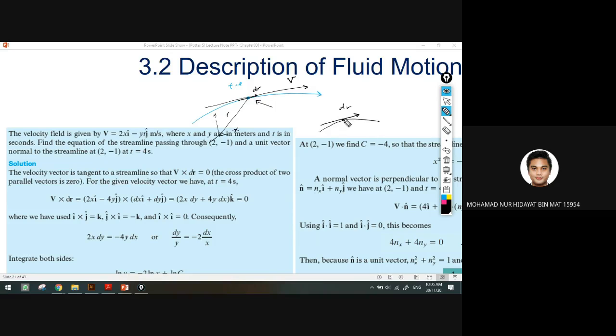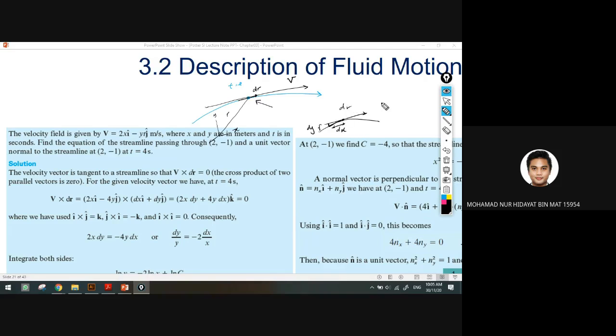So from here to here, this is R. The change here is related to dy, and this one is related to dx.